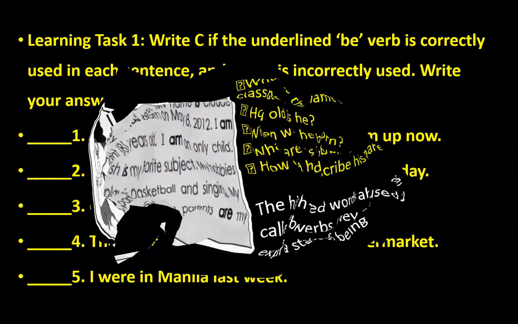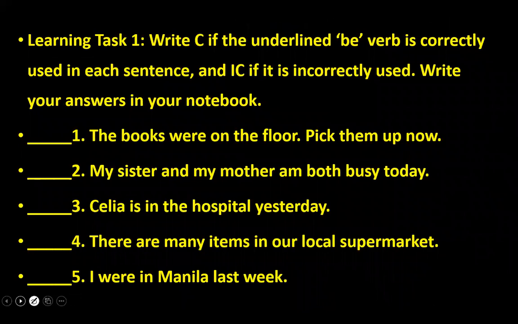Okay. Now, here we have a learning task, guys. But this is not yet graded. These learning tasks were put in here to measure your previous knowledge on the verb. As we already know, the verbs were discussed in your grade 2 English class.